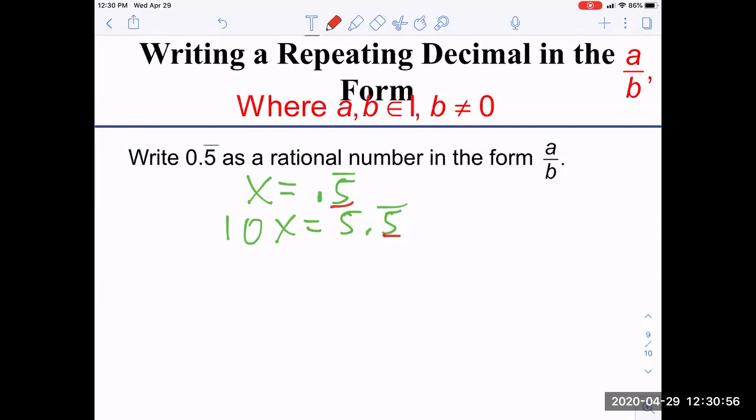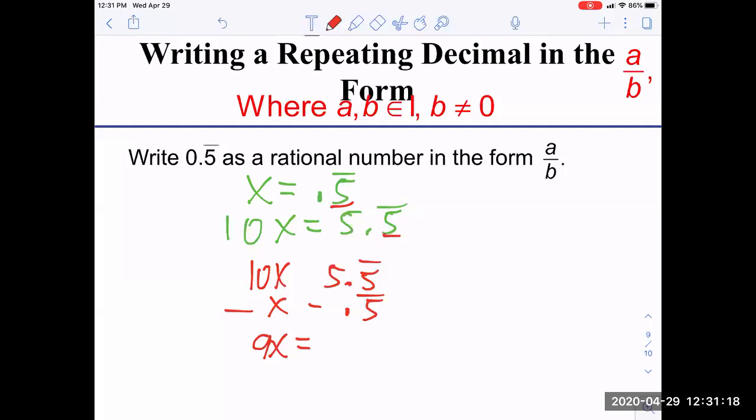Because now I'm going to do this neat subtraction trick. I'm going to take 10x and I'm going to subtract x. So I'm taking the 5.5 with the repetend, and I'm subtracting basically that repetend. So over here I get 9x.